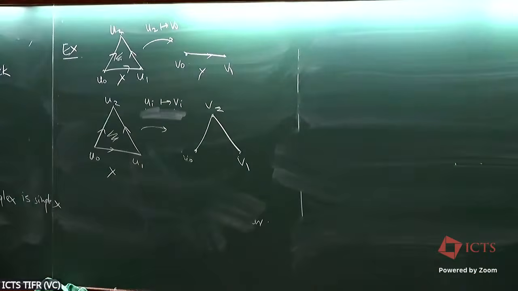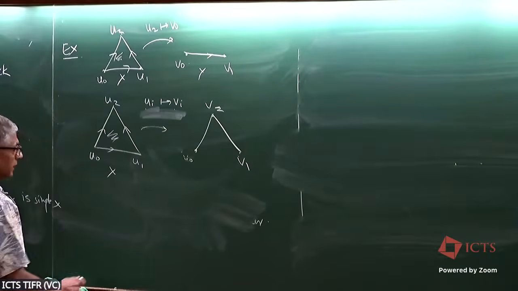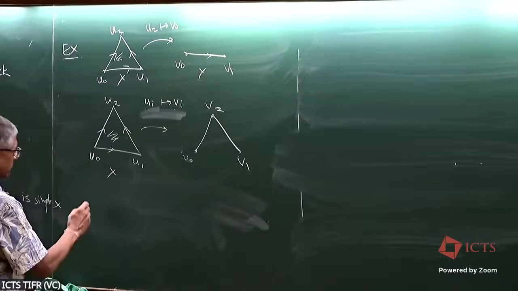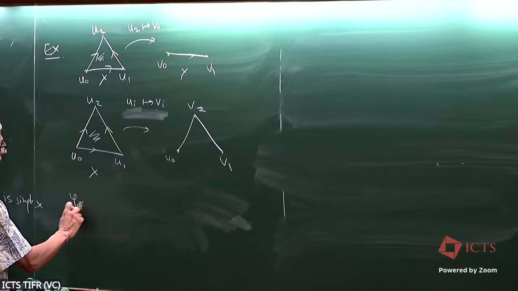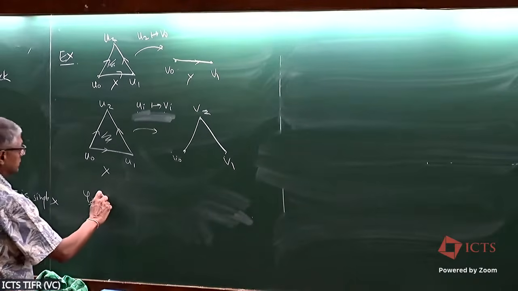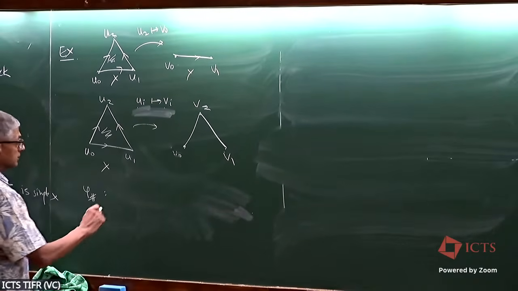And how should we define the pullback? The pullback is defined in a very simple way. First you have this map phi sharp, which maps chains to chains.